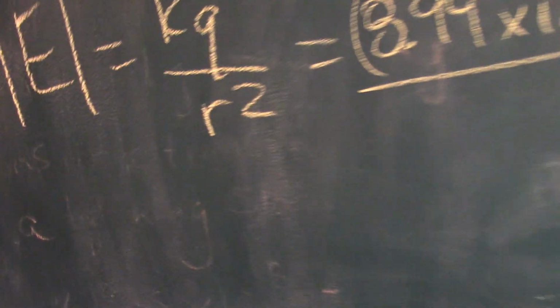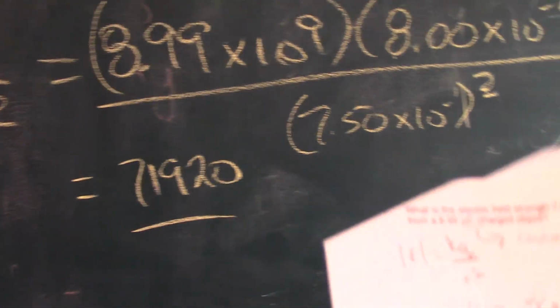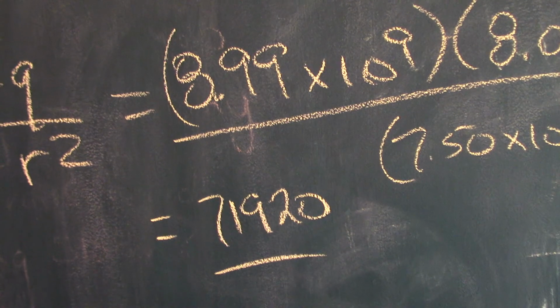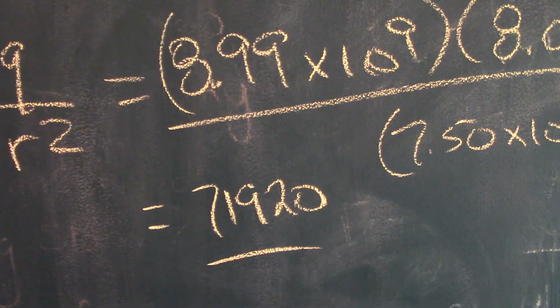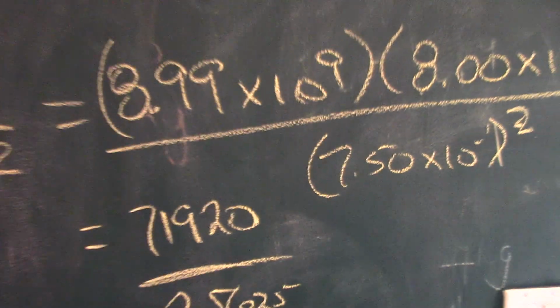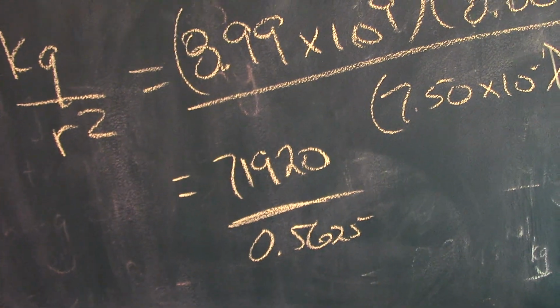So I'm going to expand this out. So when I do the multiplication, my numerator is 71,920. So I'm not going to do all the math on the calculator here. You guys can do this yourself. And when I square 7.5 times 10 to the negative 1, I get 0.5625, so 71,920 over 0.5625.